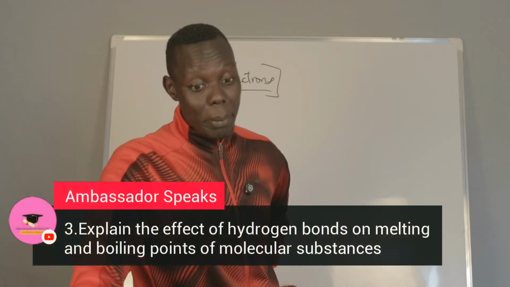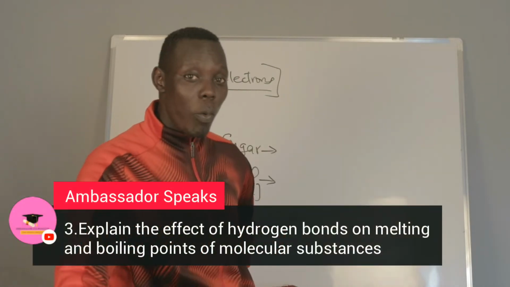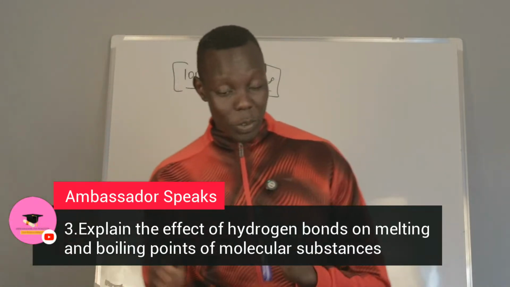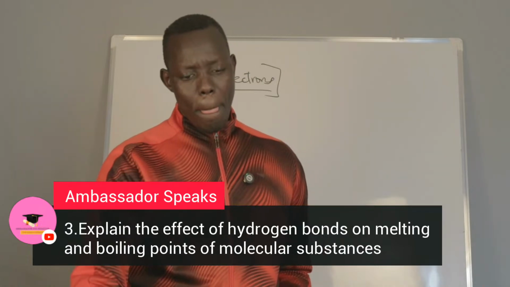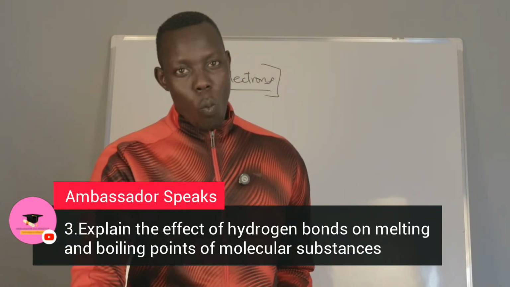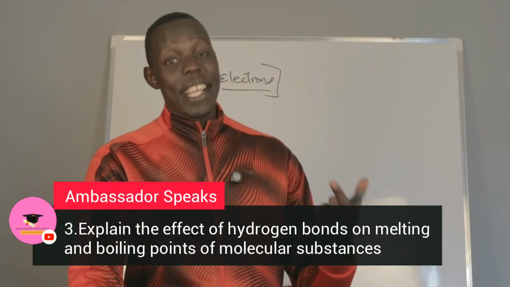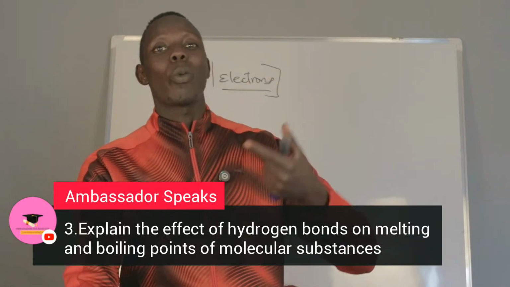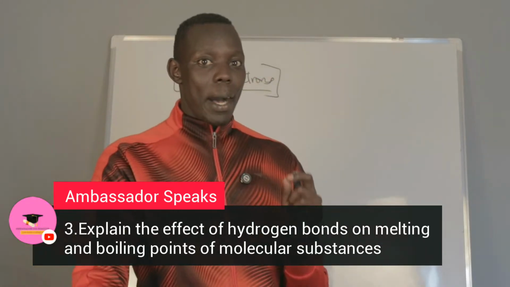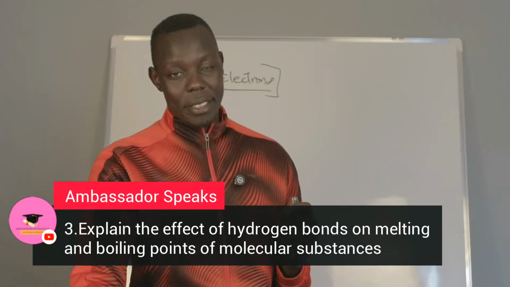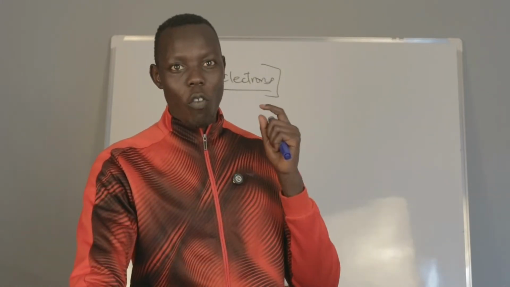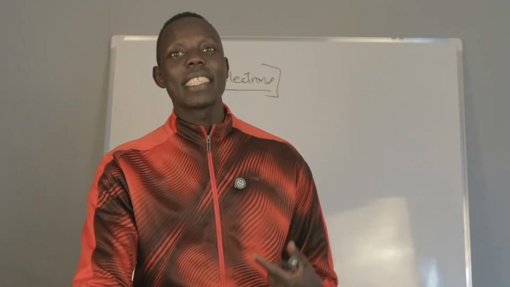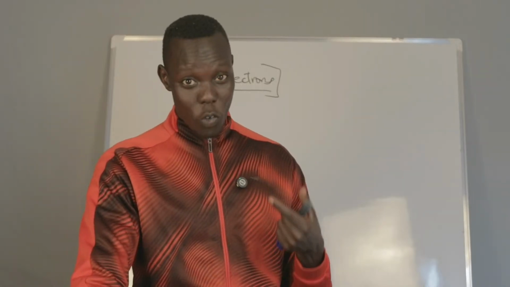Kumbuka kwanza nimesema the melting and boiling point of molecular substances increases with increase in the molecular mass. Yes. Substance like water or ice. You remember ice brings water when it is heated. The effect of hydrogen bonds, the effect of covalent bonds increases or raises the melting point of a substance.